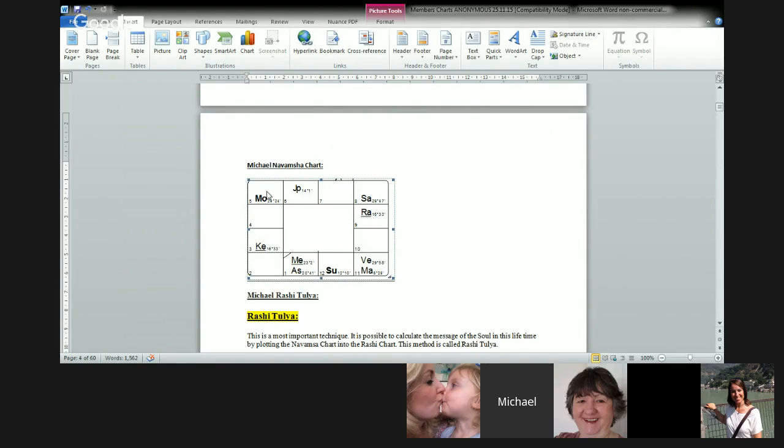If you have a Vargotama planet, it gives great purity of definition and awareness. You can come in your lifetime to a true understanding, a pure and clear understanding of the nature and karmic message of your Moon or your Sun.